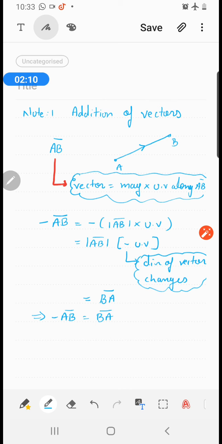This is the conclusion. Also, we can introduce the negative sign in a vector: if I make the terminal point the initial point and the initial point the terminal point, I apply a negative sign. So just keep this in your mind before we start with addition of vector.